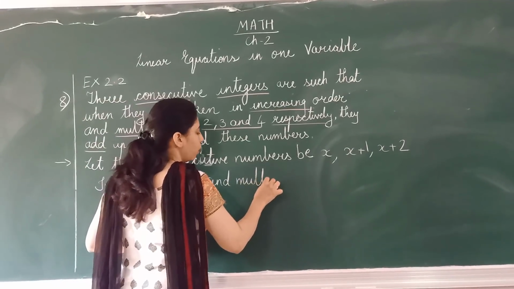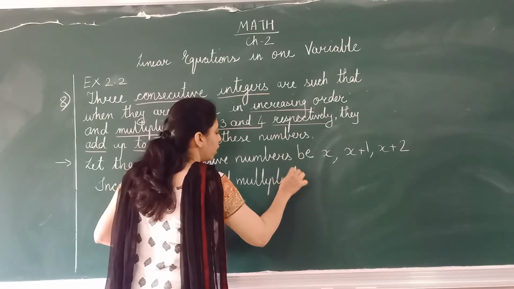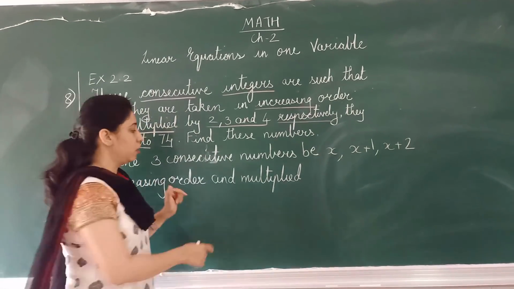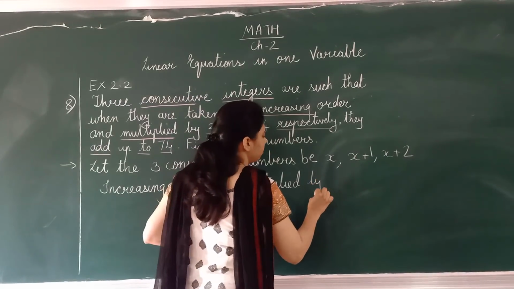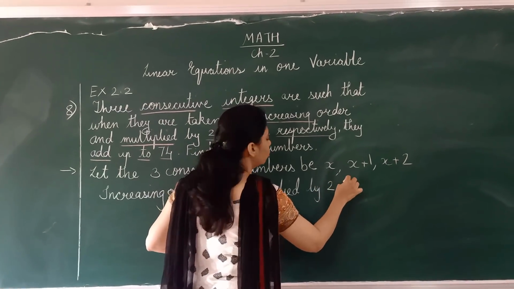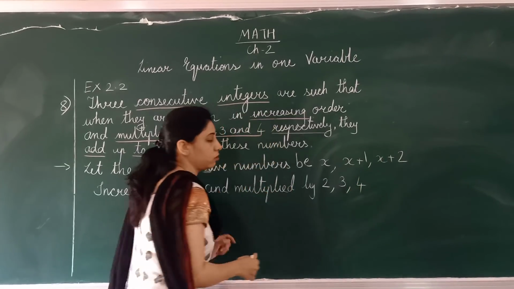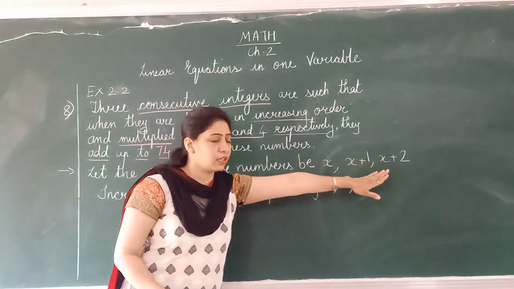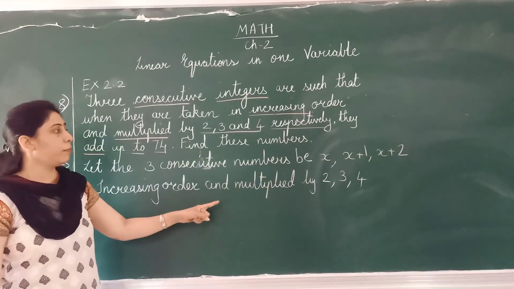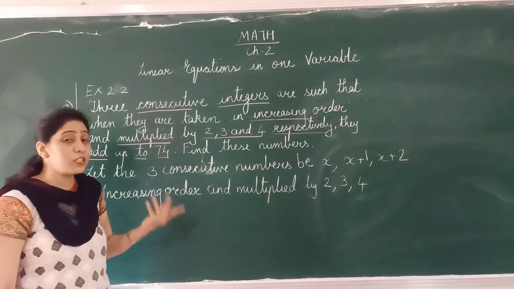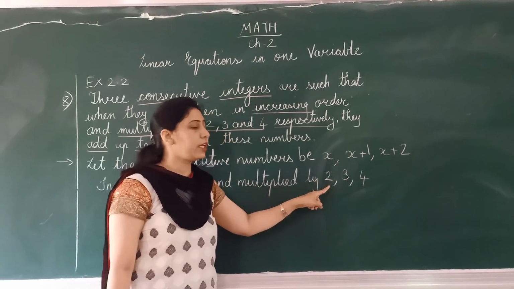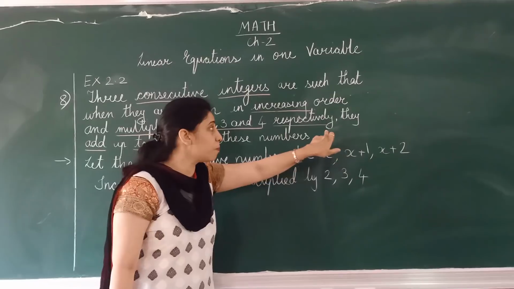Students, whenever you are reading the word problem, you need to underline a few terms. Multiplied by what? It is multiplied by 2, 3 and 4. Just pay attention that it is in increasing order. The consecutive integers are multiplied by 2, 3 and 4 respectively.